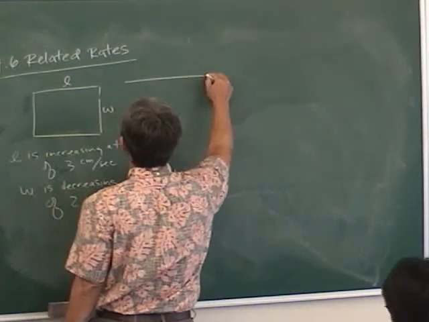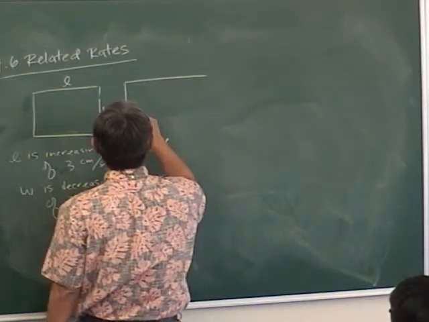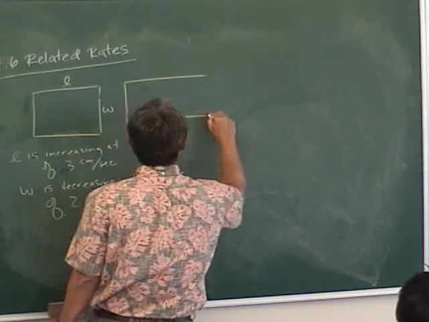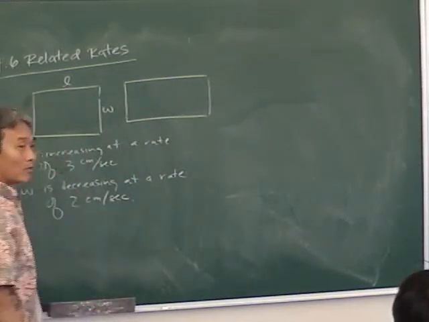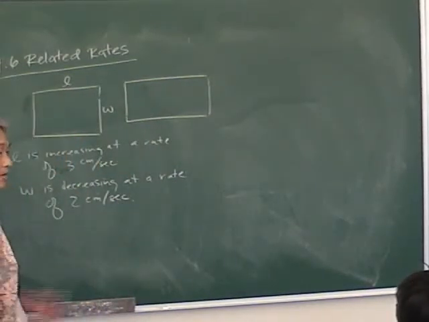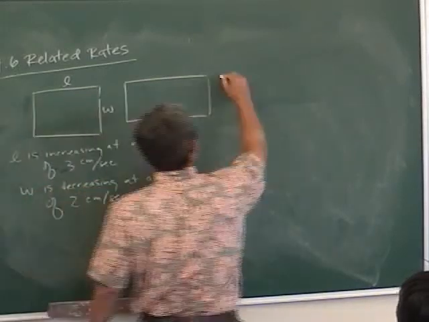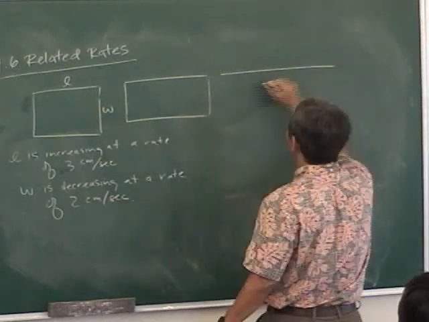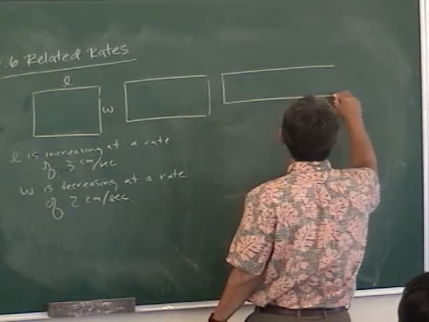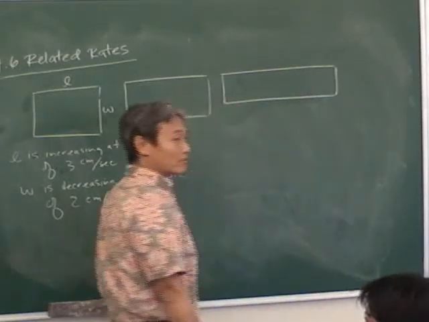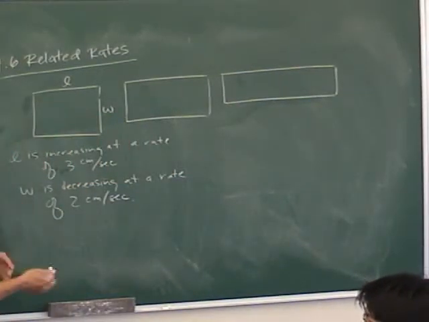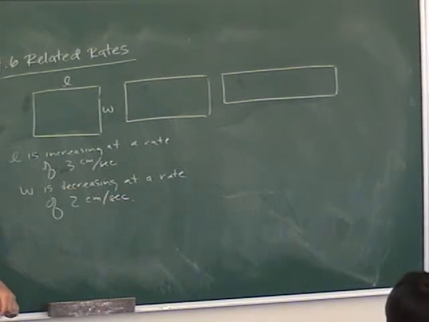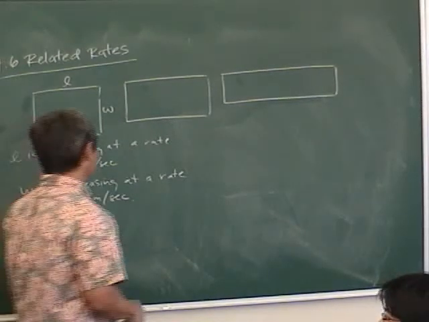The length's going to be a little bit bigger, but the width's going to be a little bit smaller. What about 1 second after that? The length gets even bigger, and the width gets even smaller, and so forth. So both the length and the width are changing. You understand what's going on? Okay.